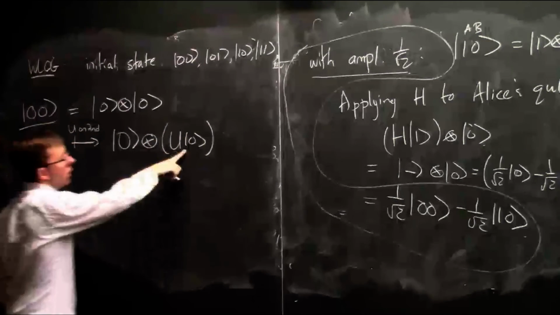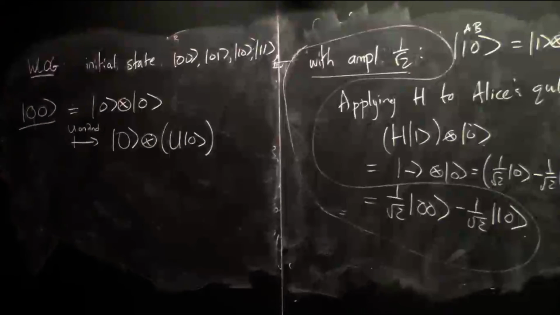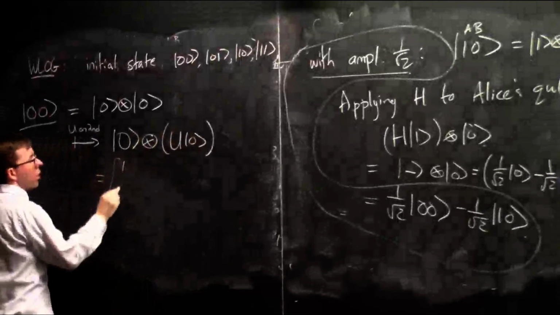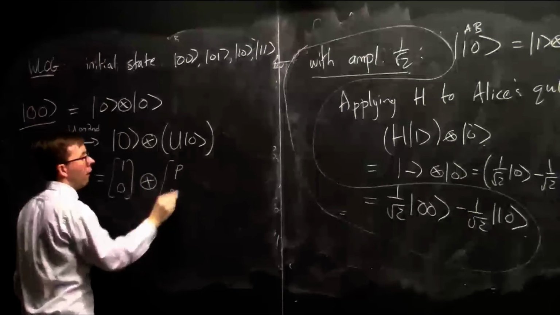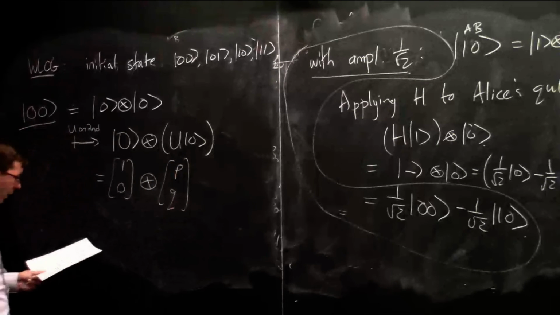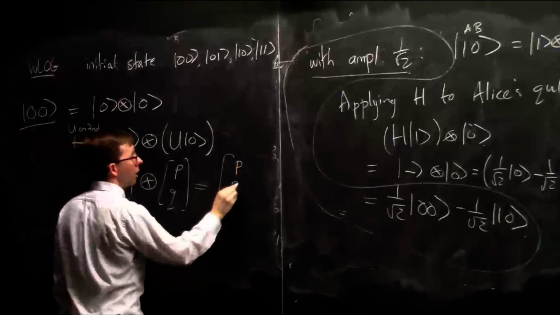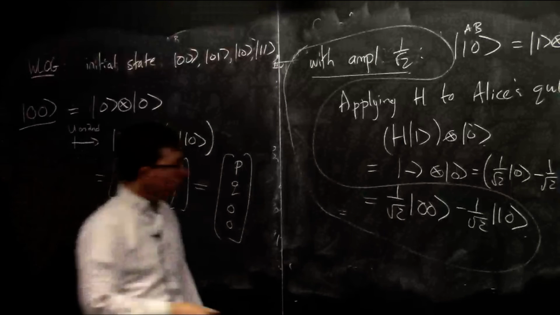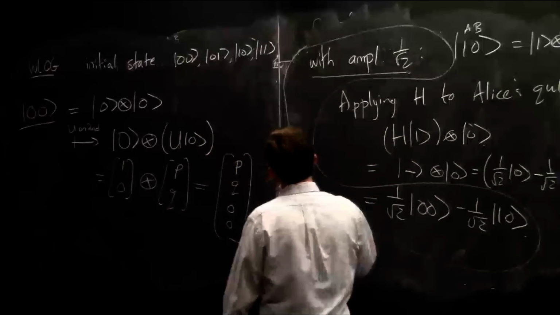And U0, where does U map the 0? It maps it to the first column of U, which is PQ. So let's switch to coordinates. This is 1, 0, and this is PQ. And what is that? Well, it's PQ 0 0. So we figured out that doing this takes the state 0 0 to this 4-dimensional state.